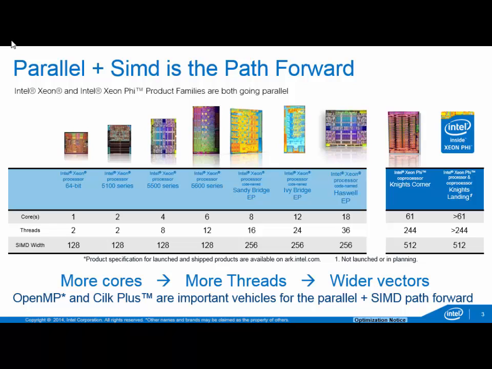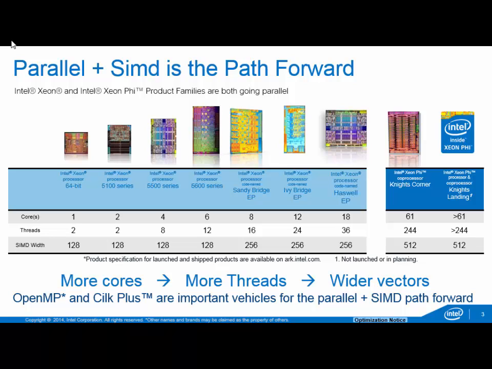Then we moved to 2 cores, 8 cores, 12, 16, 24 cores, and so on. And the vector length also started from 128, went up to 256 with AVX, and eventually, as of today, we have a vector length of 512.